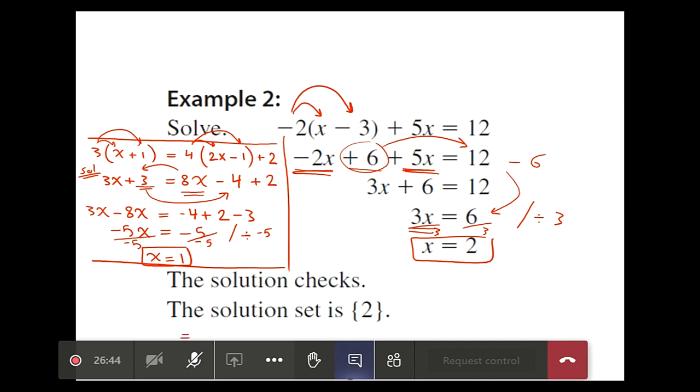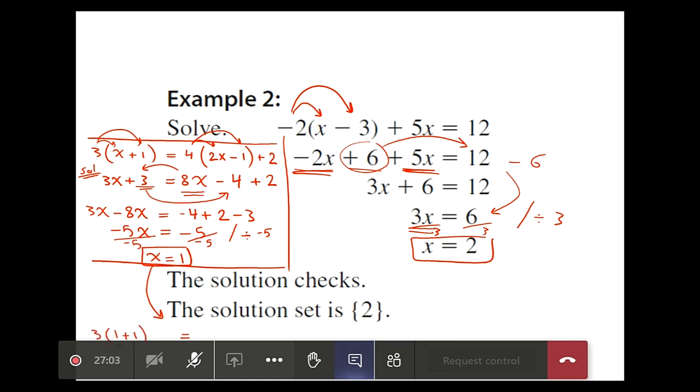We have left hand side and right hand side. So if we need to verify, substitute x in the linear equation. When we substitute x = 1 in the left hand side, we have 3(1 + 1).